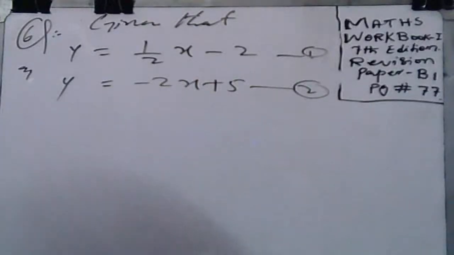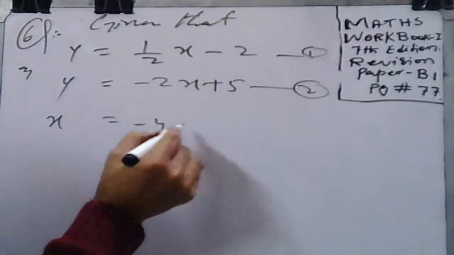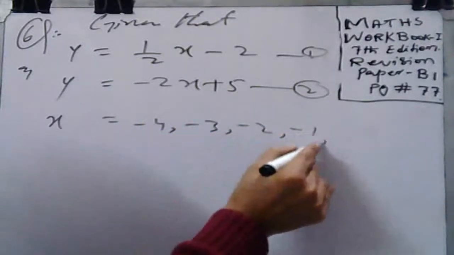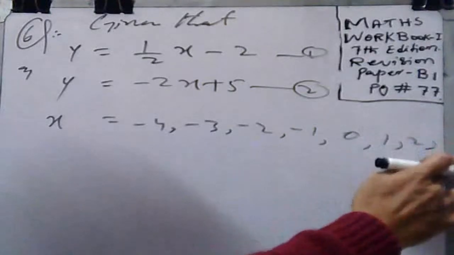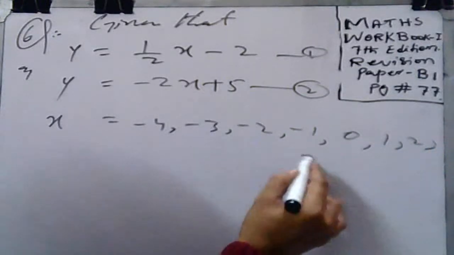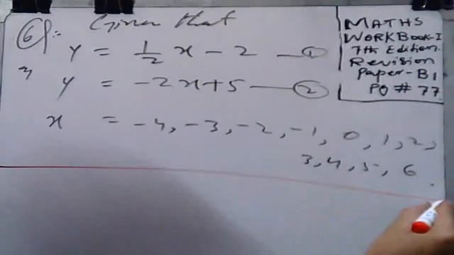So you have to draw the graph of both the equations, where the value of x is given for both the cases, that is minus 4, minus 3, minus 2, minus 1, 0, 1, 2, 3, 4, 5 and 6. So you have to make a table like this, and make the graph.